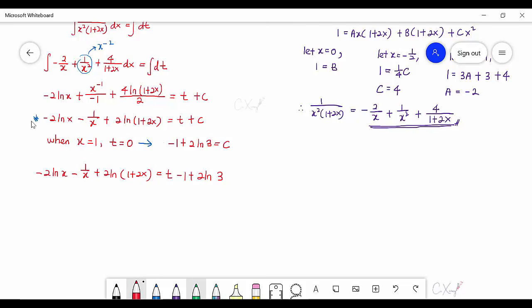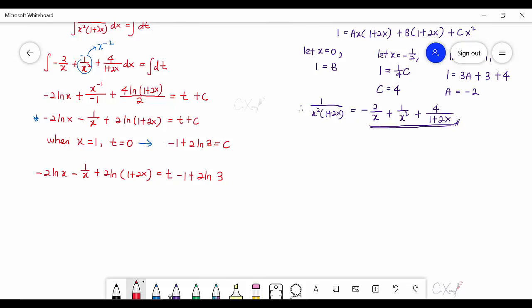Okay, so maybe some of you might ask, if your plus c is here, not here, what is the value? If your plus c is in green color on the left hand side, then it will become 1 minus 2 ln 3, the opposite. Okay, all right. So this is the difference if your plus c is on the left hand side.